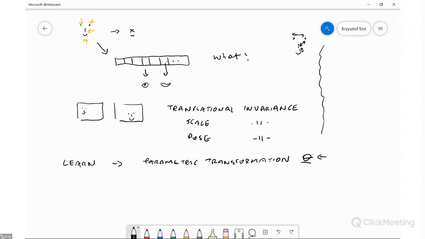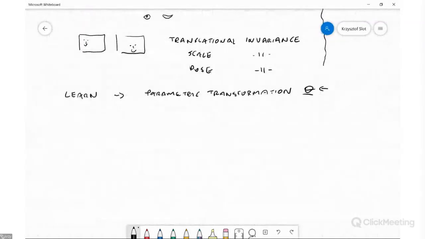So what could be a candidate for such a parametric transformation? That can give us some hope for satisfying all of these requirements.